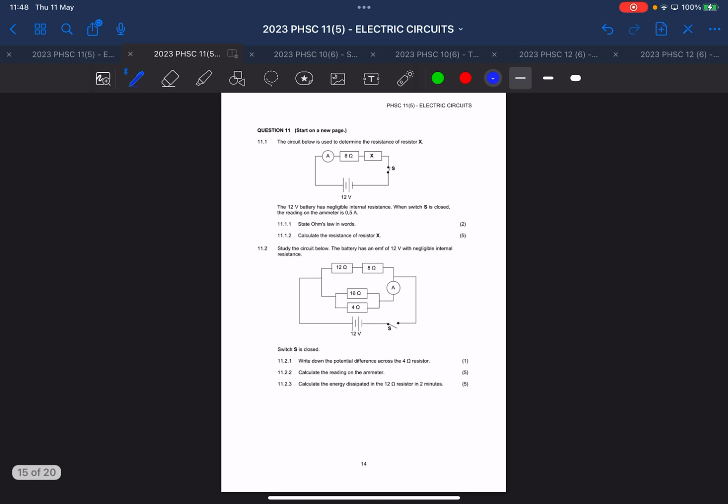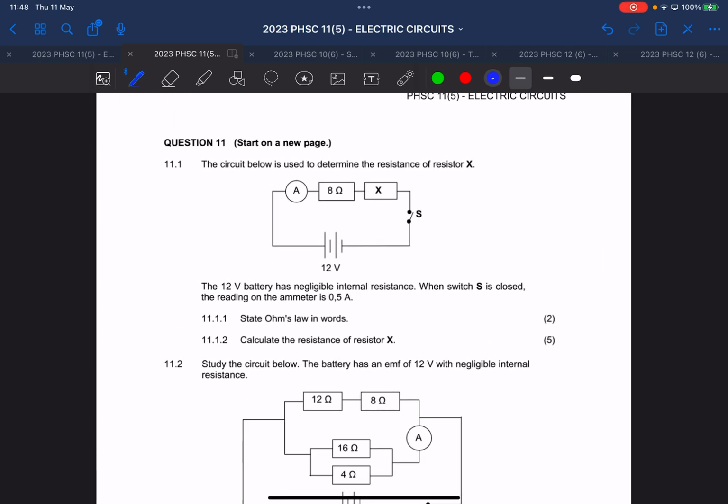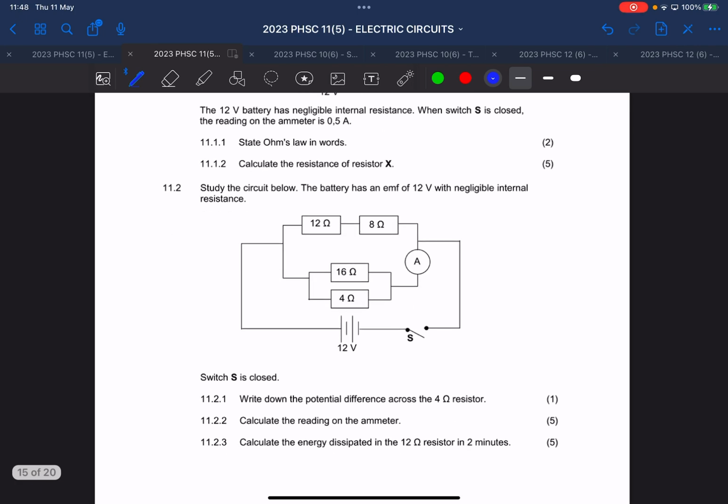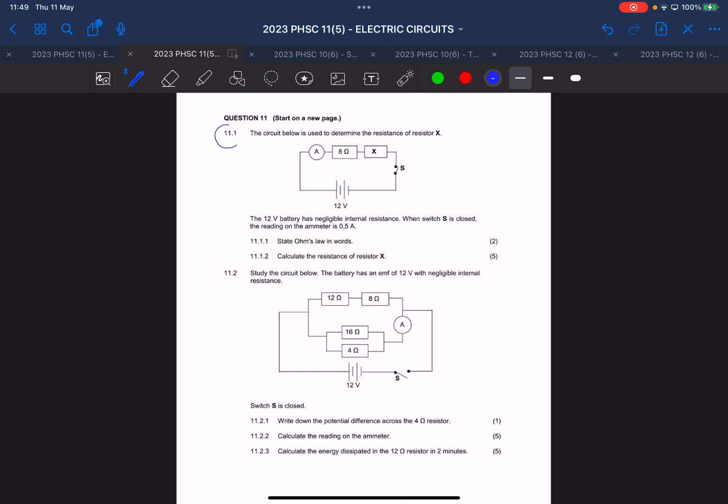And on page 14, I want you to do the whole 11.1, sorry. I want you to do 11.2 until 11.2.2. All right? Yes.